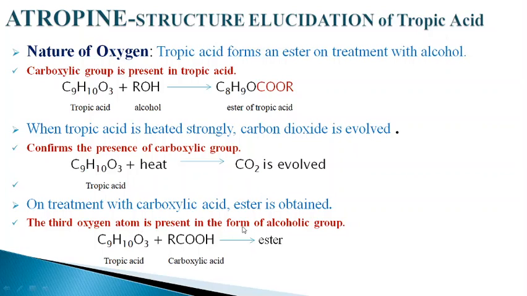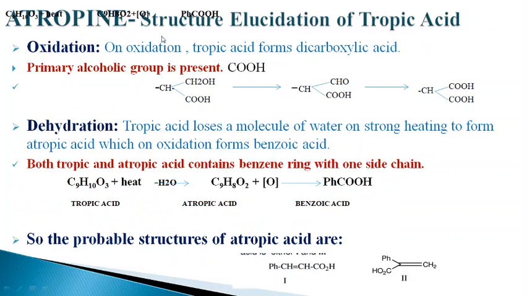Next step is to determine whether this alcoholic group is primary, secondary or tertiary. Now on oxidation, tropic acid forms a dicarboxylic acid. This is the part of our skeletal structure consisting of COOH.